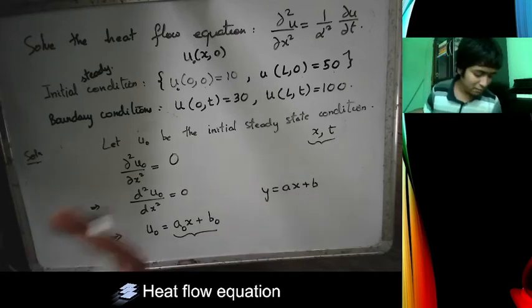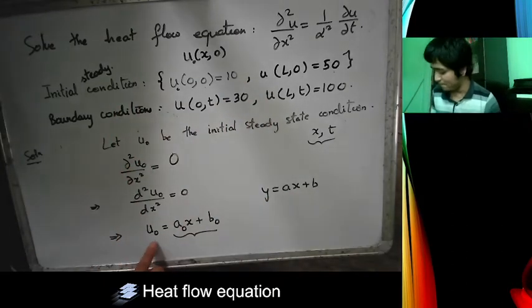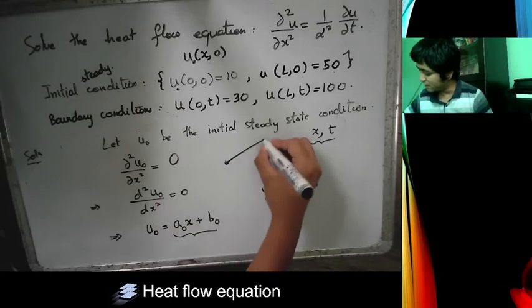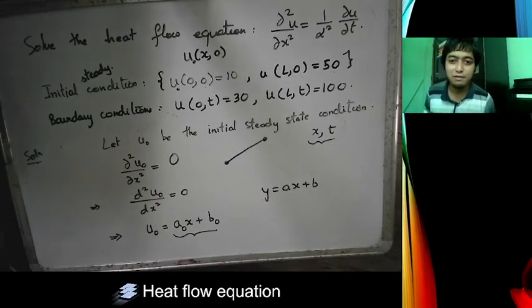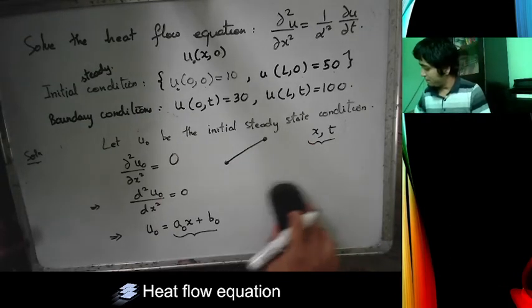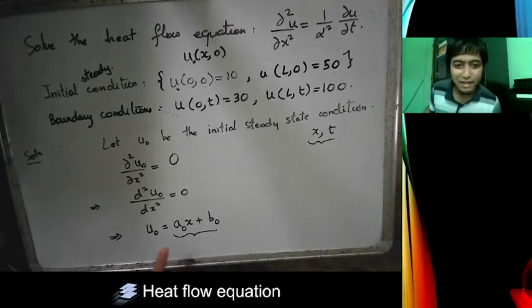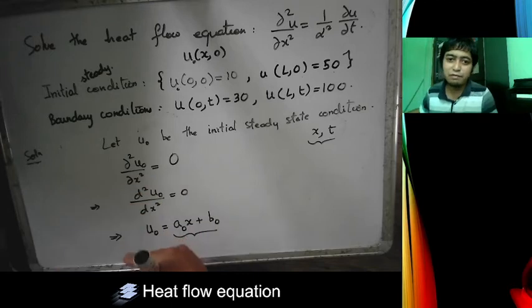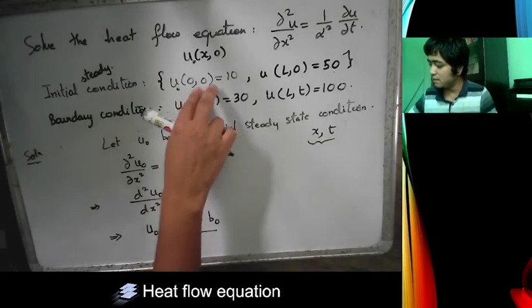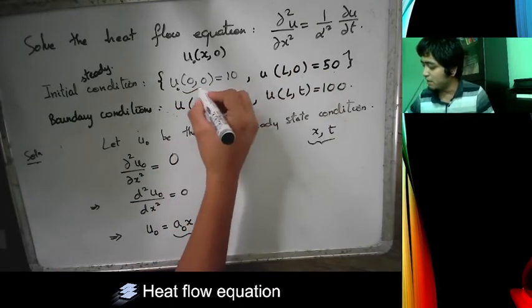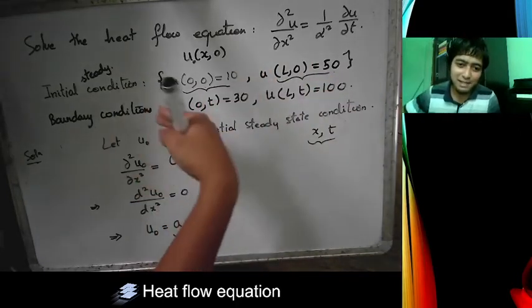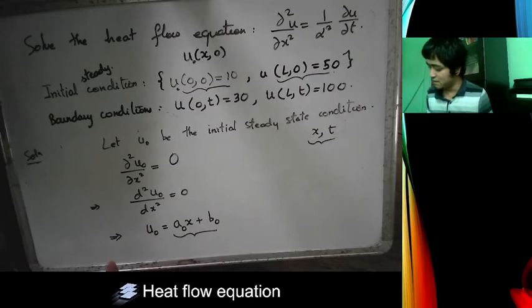So that is why we just proved that u0 will be a linear function, something that looks like that for this case. And a0 and b0 are constants that we have to find. How will we find them? By using the conditions at the boundary. The initial conditions were also given for the boundary, so let us use those conditions.